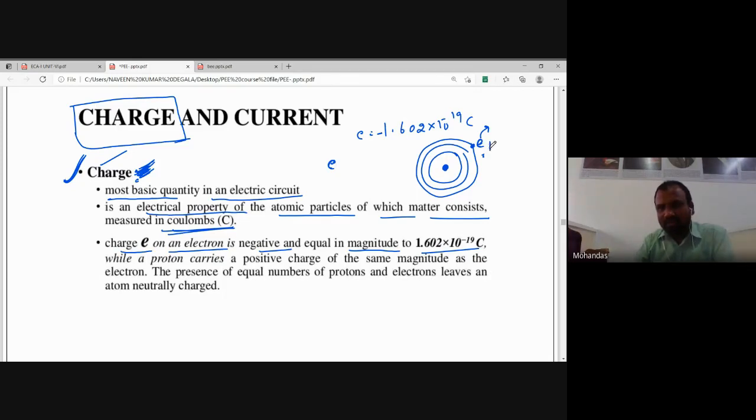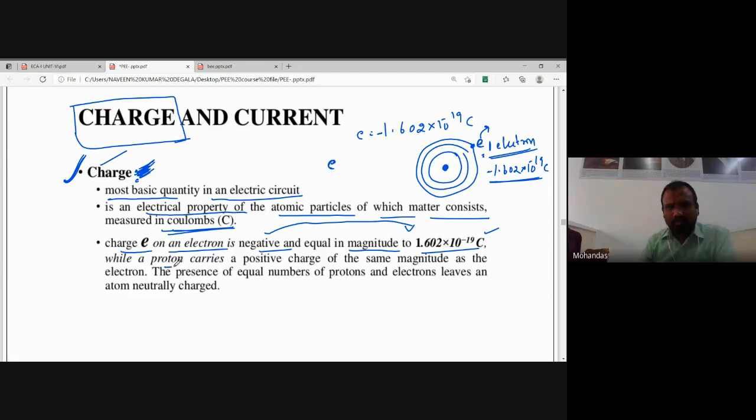One electron, listen carefully, is having how much charge? Minus 1.602 x 10^-19 coulomb. So indirectly, what do you mean by a charge here? Indirectly, charge is nothing but an electron. Negative charge is an electron. Okay, so that is the reason why the electron is negative, which is having a negative charge, and that magnitude is equal to 1.602 x 10^-19 coulombs.